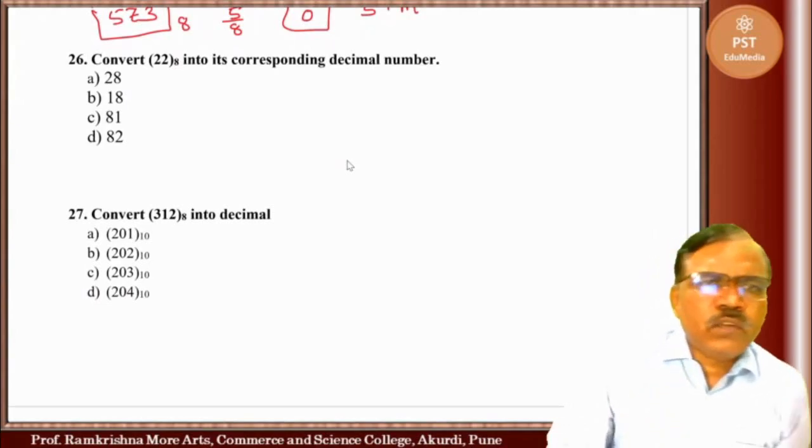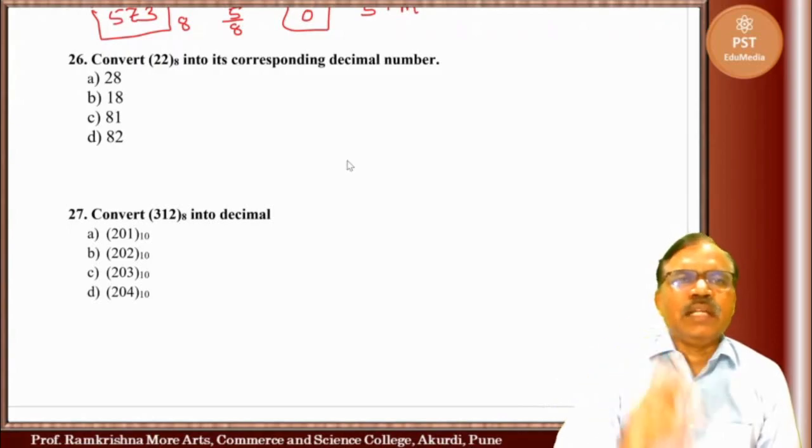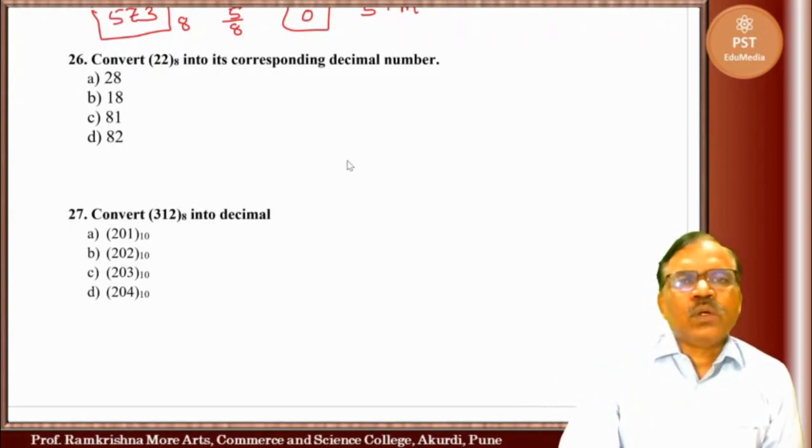Now convert 22 octal into its corresponding decimal number. So we convert like this: D0 into 8 raised to 0 plus D1 into 8 raised to 1 plus D2 into 8 raised to 2 plus so on.